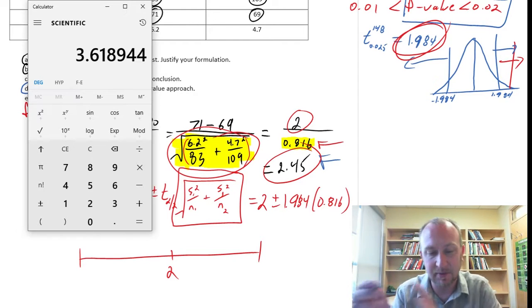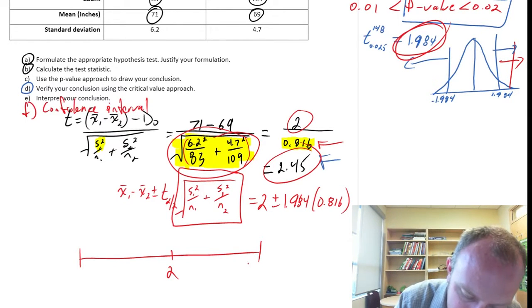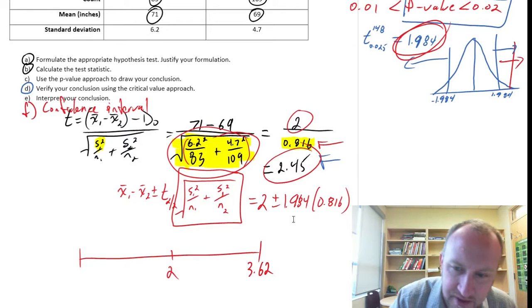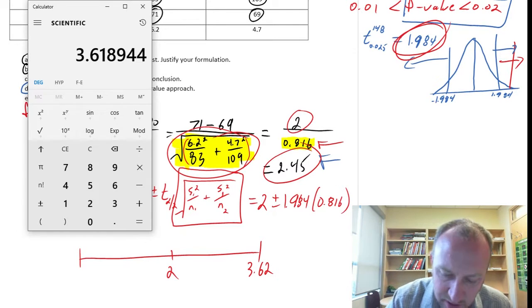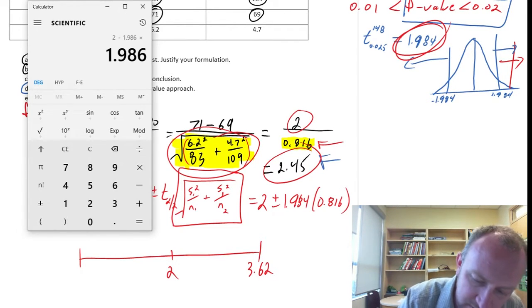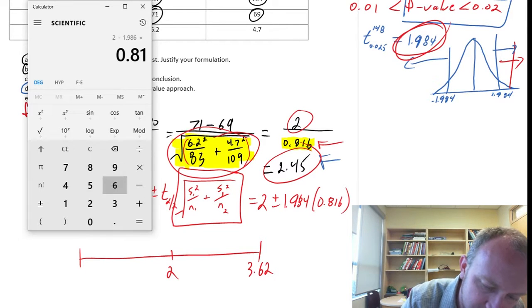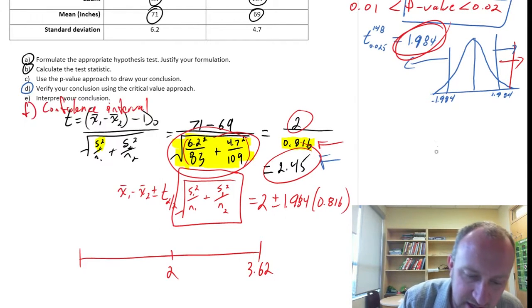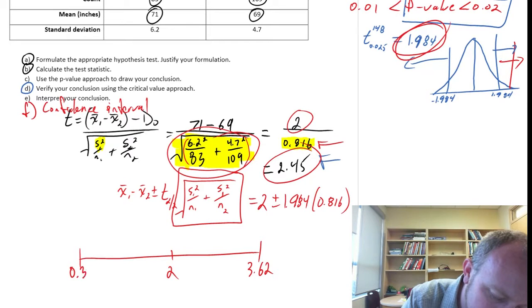And so I have an upper limit of 3.62. And then if we go for the lower limit, it's going to be 2 minus the margin of error, 1.984 times 0.816, so 0.38. Okay, so there's that interval estimate.